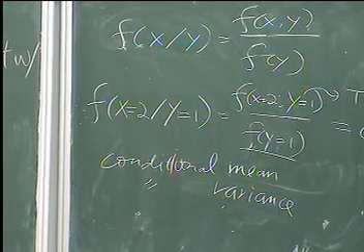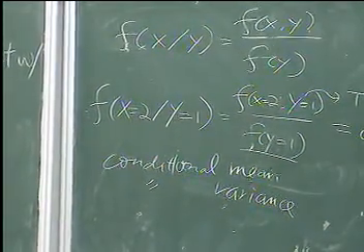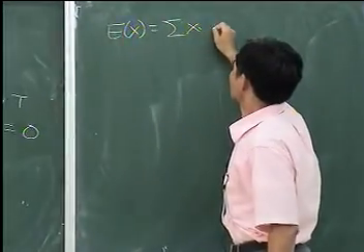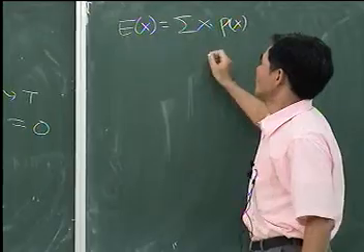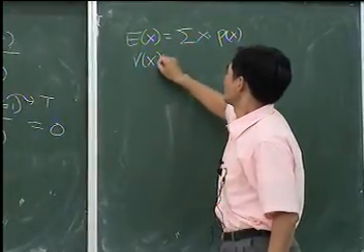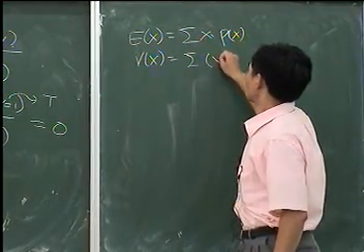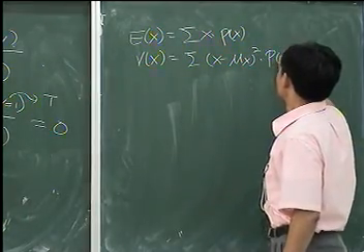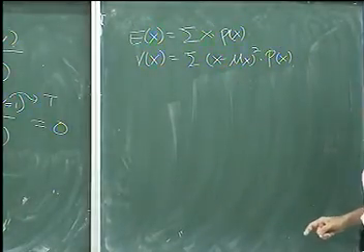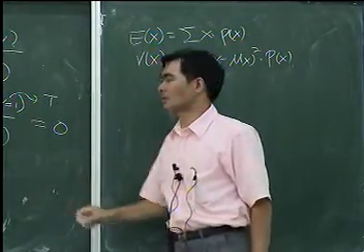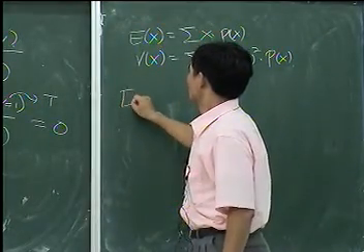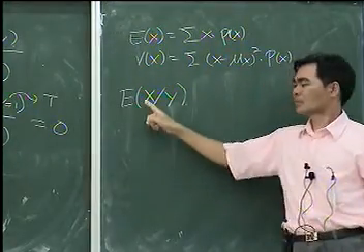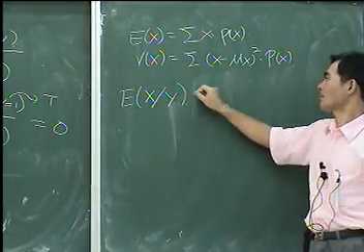Remember when we say expectation, this is equal to summation x times px, right? We have variance, we have summation x minus mu x squared times px. But now we are talking about conditional mean. What does this mean? Expectation of x given y.